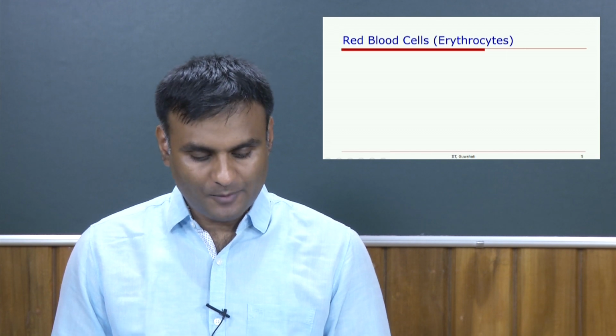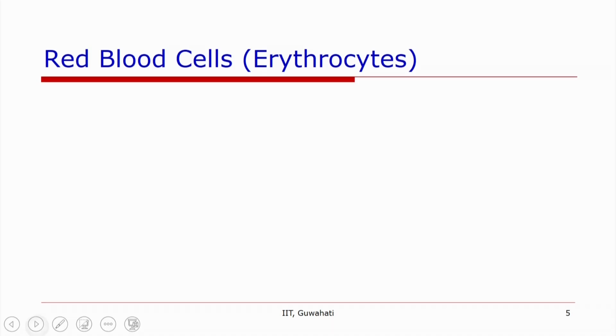The second major component of blood is red blood cells, and they constitute more than 99% of particulate matter. Particulate matter means particles. So, about 99% of the particles present in the blood are red blood cells or erythrocytes.